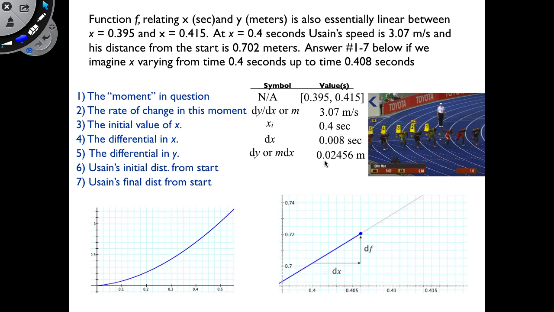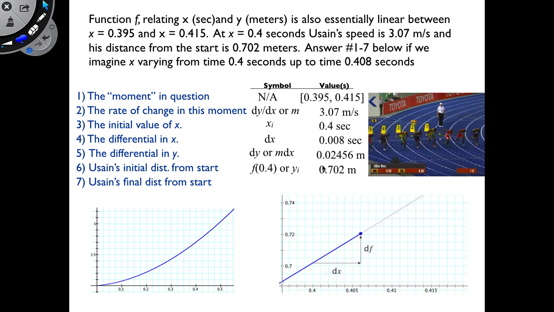So if he started, as it says here, at time 0.4, or y initial, at 0.702 meters from the start, like in this picture, this is less than half a second from the start of the race. Where was he by the end of that small interval? Where was he by time 0.408?